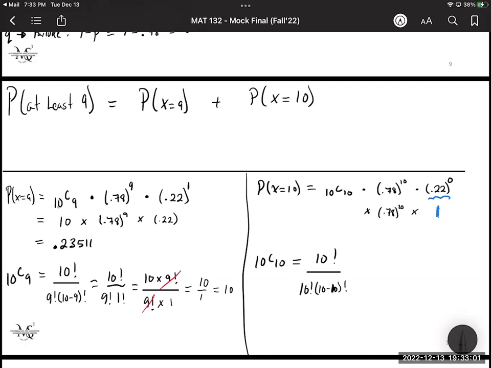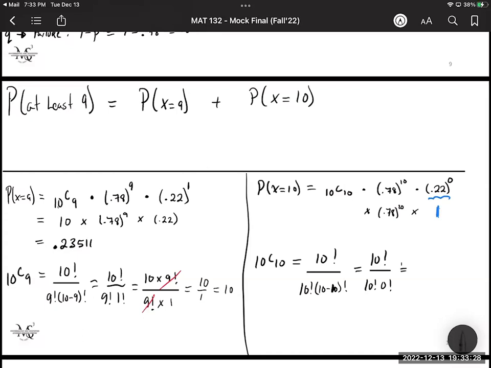But what's 10 minus 10? 0. So this is equal to 10 factorial over 10 factorial times 0 factorial. What is 0 factorial? There's a special rule. It's always going to be 1, right? So because that's always going to be 1, that just goes away.